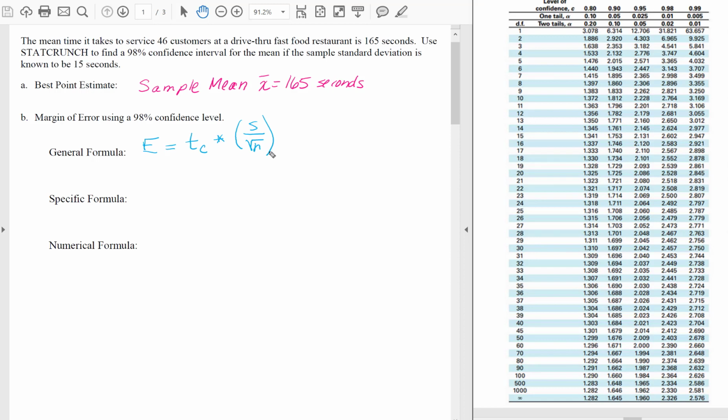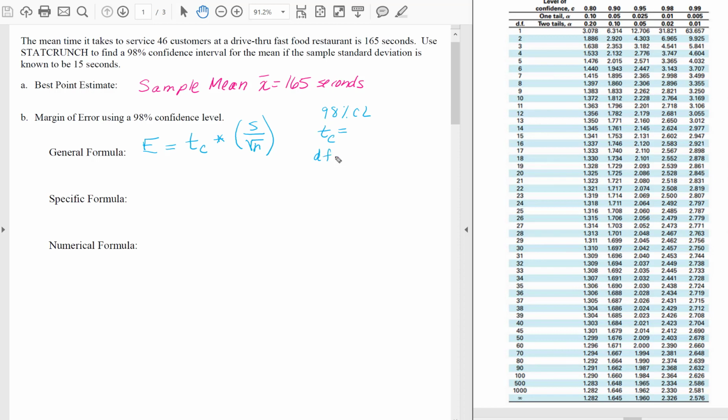So to find our T critical value, we're going to use our T chart, and it is located in your course content. To figure out our T critical value for the 98% confidence level, the first thing that we have to do is, it's based upon what's called degrees of freedom.